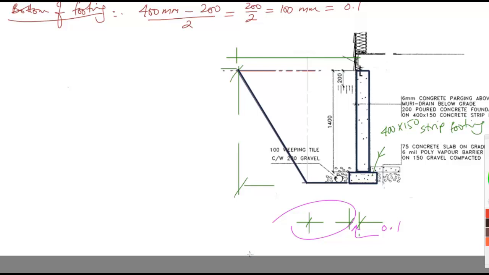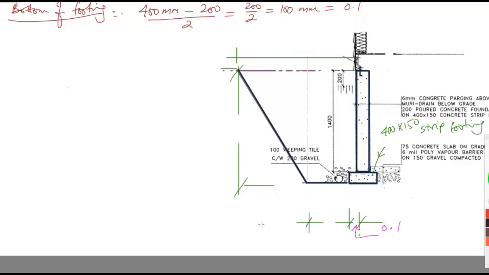Now this part is normally called the pay line. This is what the contract will pay for, this part. So this is usually 600 millimeters.